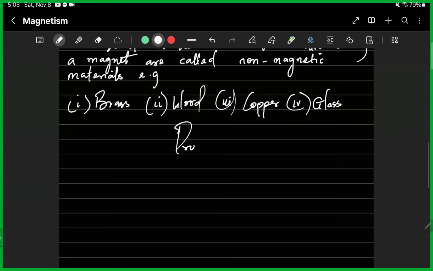Now, demonstrating properties of magnets.